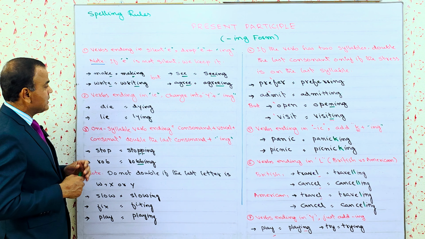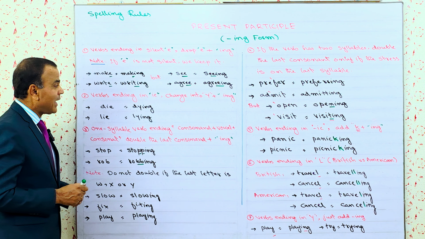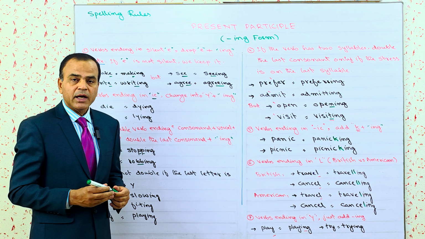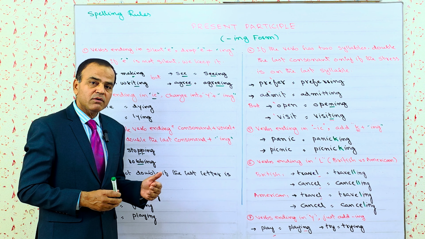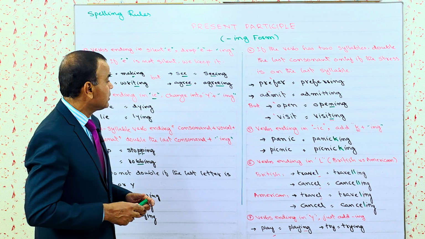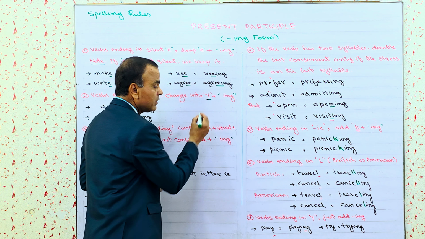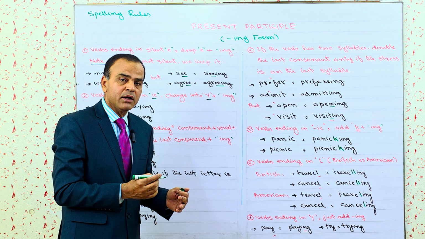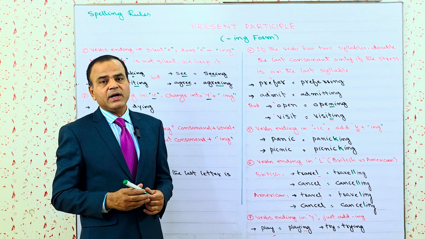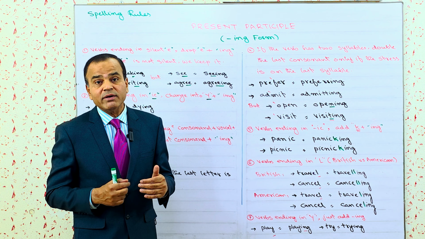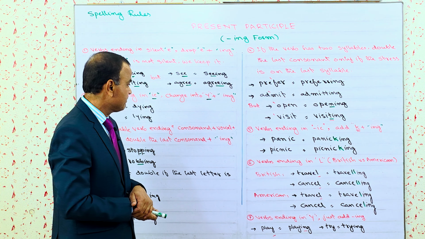Then the next rule is that if your verb ends in IE and you are making the ing form of such a verb, then IE will change into Y. That means that we will remove IE, and in place of IE, we will use Y, and then we will add ing.